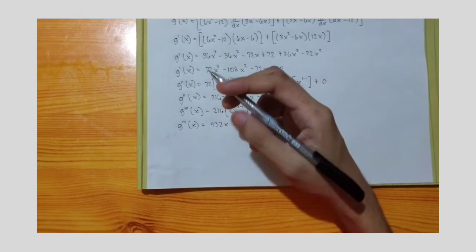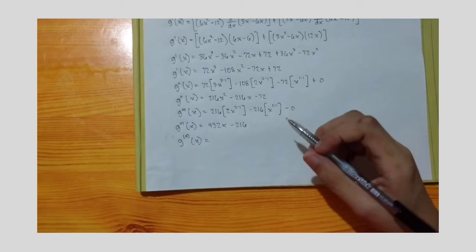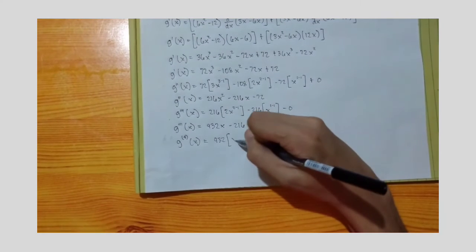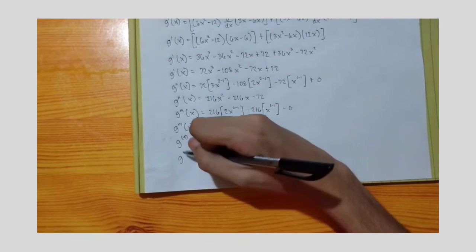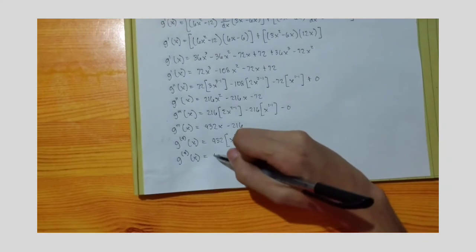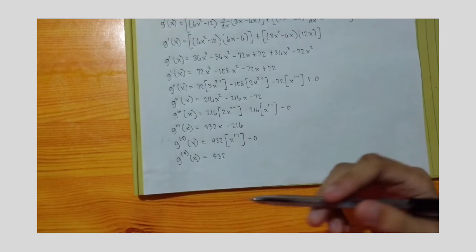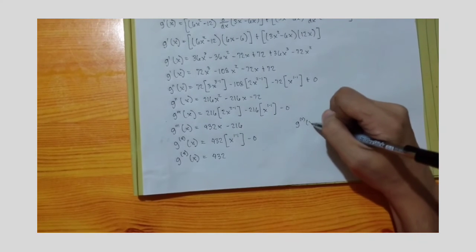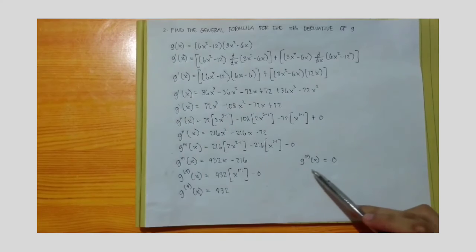So we will have g to the power 4 of x. By applying again theorem number 6, we will have 432 times the quantity of x raised to the power of 1 minus 1, which is just equal to 0. Then simplify it. Therefore, the fourth derivative of the given function is just equal to 432. To get the fifth derivative of the function, g raised to the power of 5 of x is equal to 0.